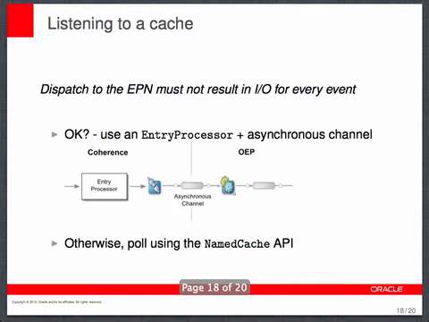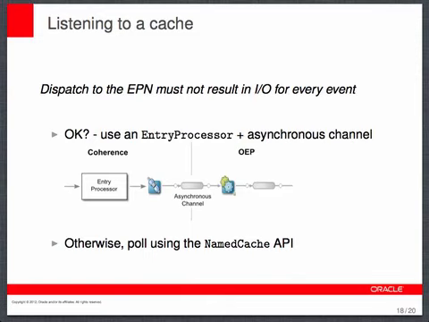So we've got quite a strong rule of thumb here that says whenever you dispatch to the event processing network, every dispatch that you do from an event that occurs in Coherence can't result in an I/O.